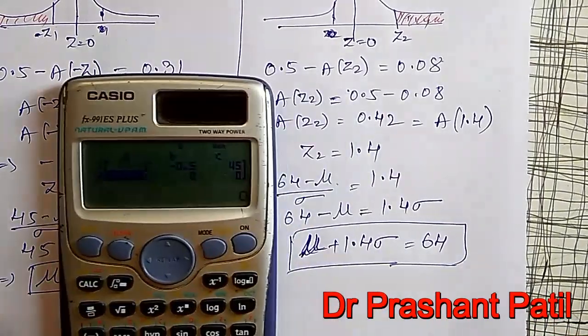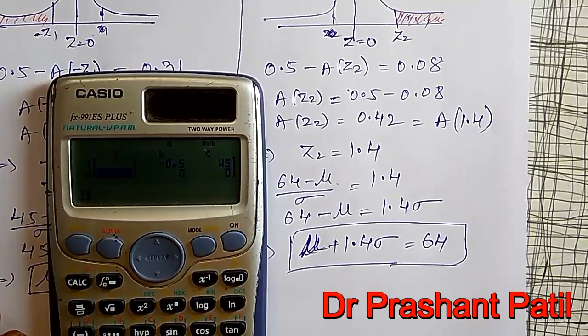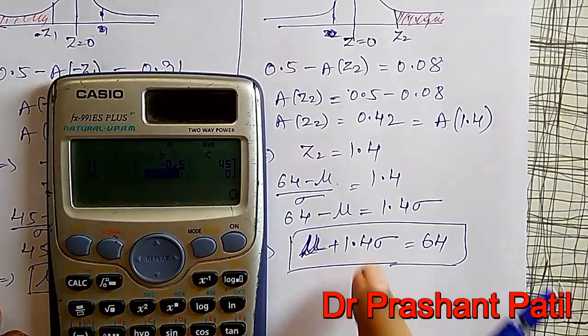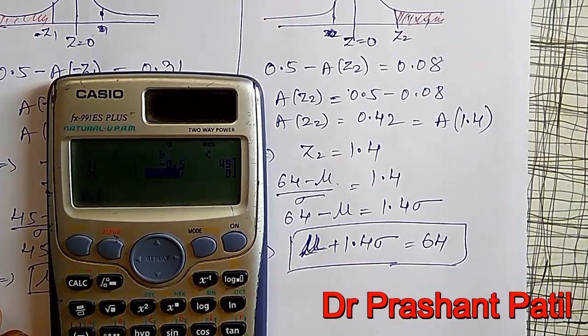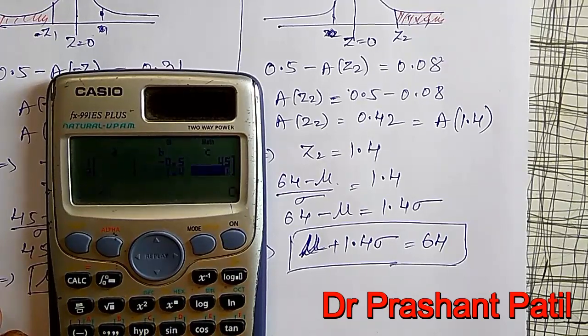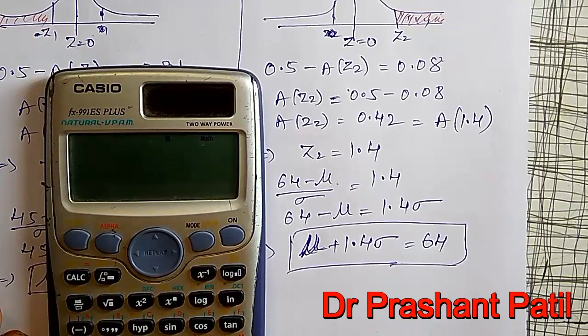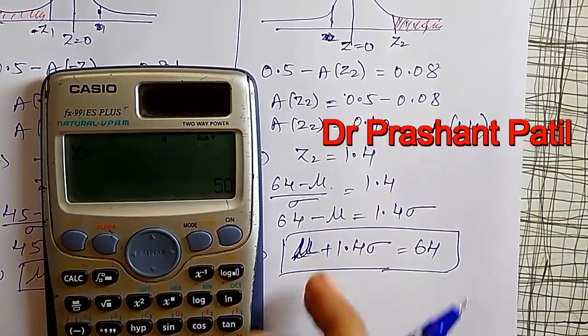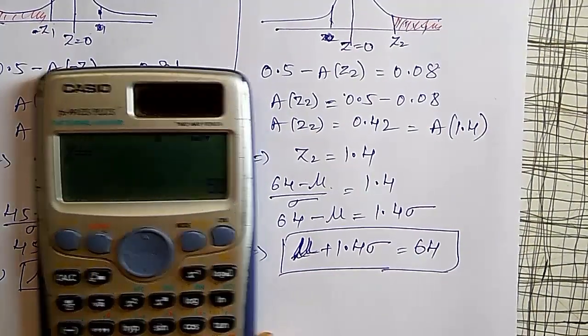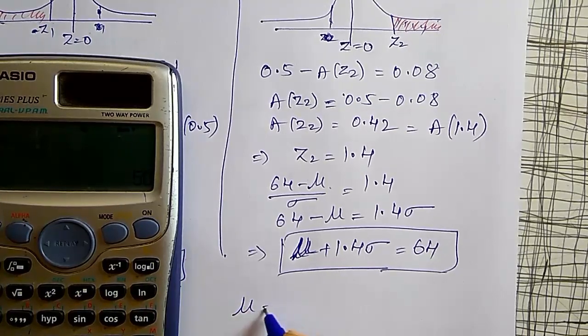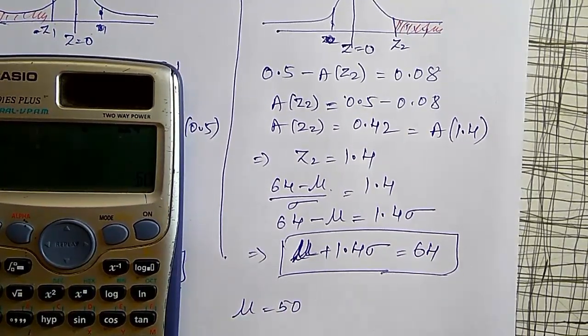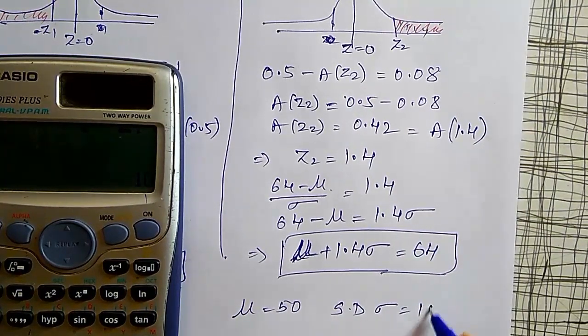Like that, for the second equation, the coefficient of mu is 1, the coefficient of sigma is plus 1.4, and the C value is 64. Equating, x is equal to 50, that is mu is equal to 50, and y, the second unknown, is equal to 10. Therefore, standard deviation sigma is equal to 10.